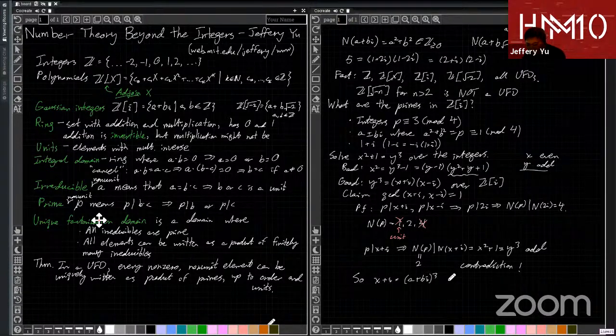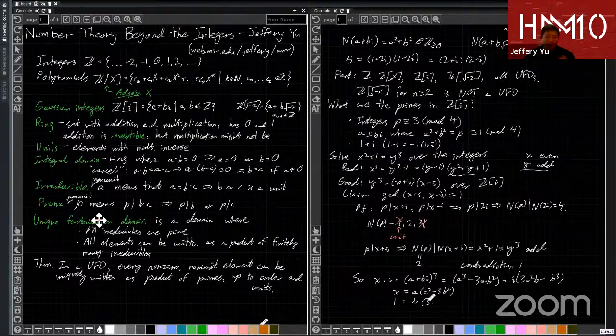If I expand this, it's real part a cubed minus 3ab squared, plus i times (3a squared b minus b cubed). Now we just match real and imaginary parts: x equals a times (a squared minus 3b squared), and 1 equals b times (3a squared minus b squared).